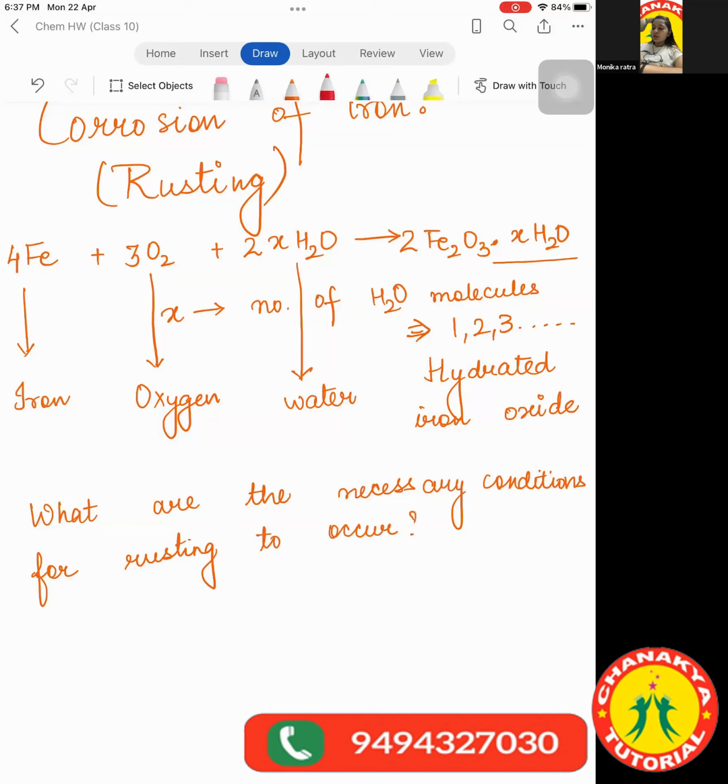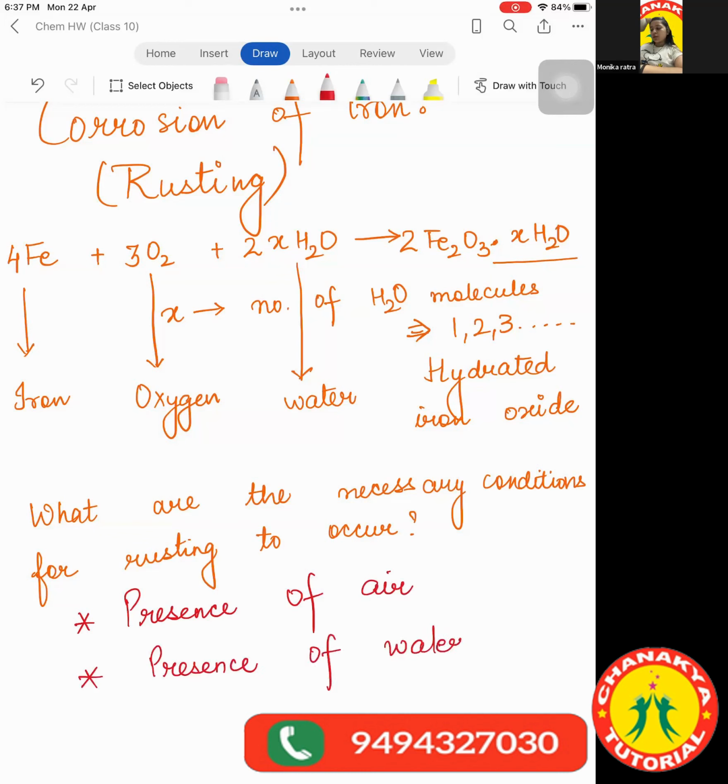So what are the 2 necessary conditions for rusting to occur? The presence of air and moisture. So these are the 2 conditions. Both of them should be there, otherwise the rusting will not take place. So presence of air and presence of water.